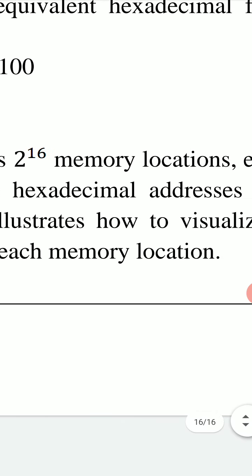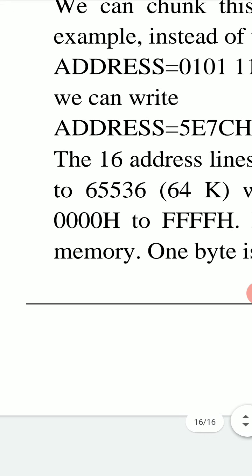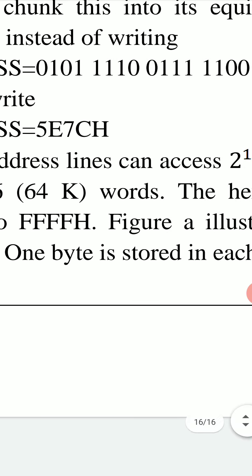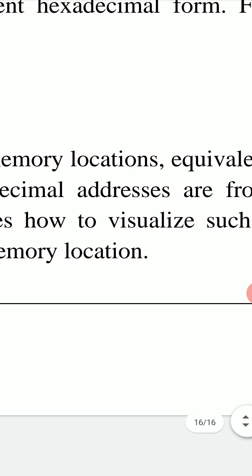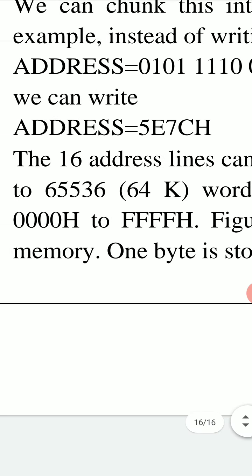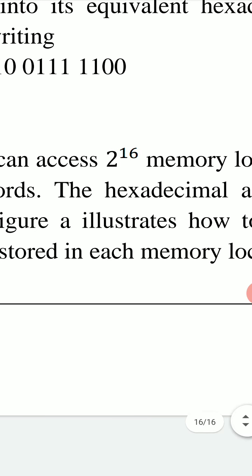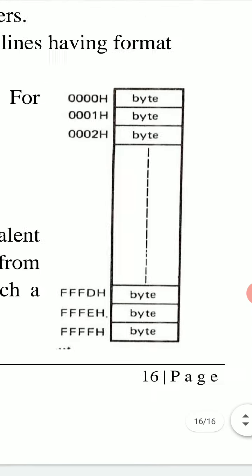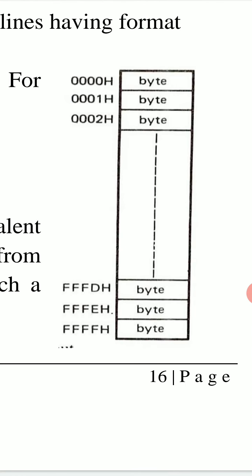The hexadecimal addresses are from 0000H to FFFFH. Figure A illustrates how to visualize such a memory. 1 byte is stored in each memory location. These are the different memory locations having different hexadecimal addresses starting from 0000H to FFFFH.